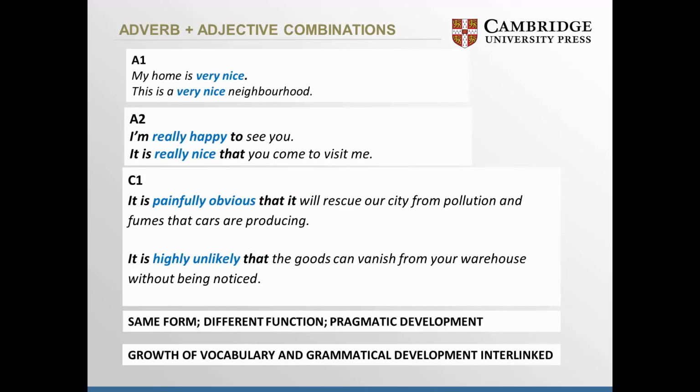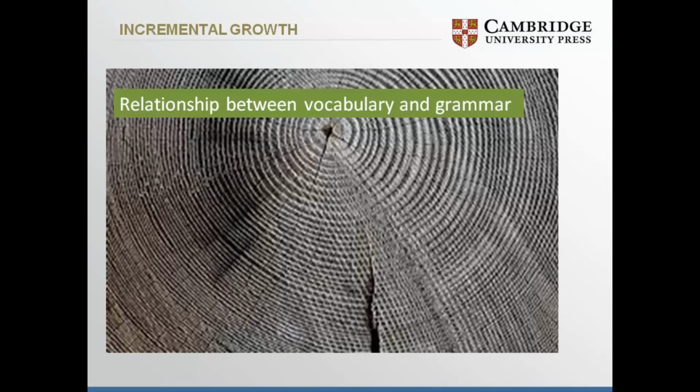And the growth of vocabulary and grammar being so intrinsically interlinked, we cannot separate them. As learners go through the levels and they learn more grammar, they're learning more vocabulary, and you're getting this kind of almost movement from the middle of the core outwards. And we've tried to show this in the profile all the way through by showing grammar related to lexical range as well.